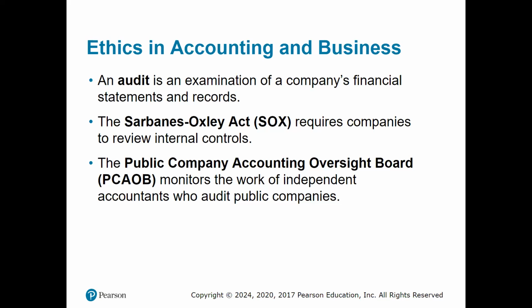That act also formed the PCAOB, which is the Public Company Accounting Oversight Board, whose entire job is to watchdog the public accounting firms. And so they will basically audit the auditors. They'll go in and say, give us all of your documentation of how you did this public company's audit.